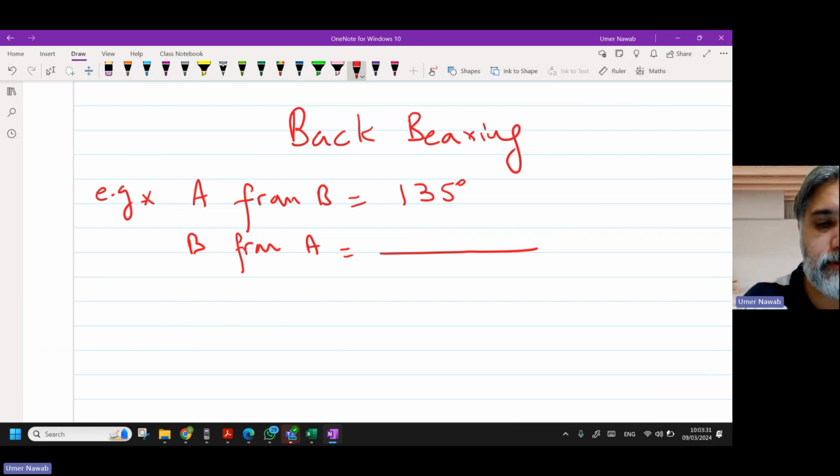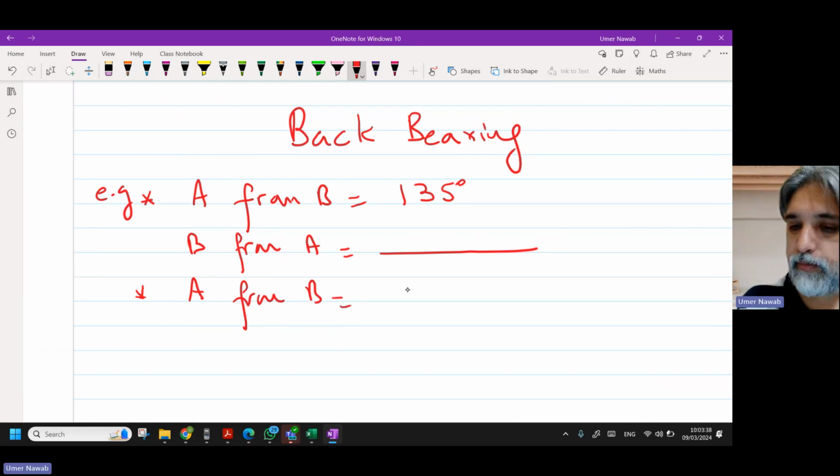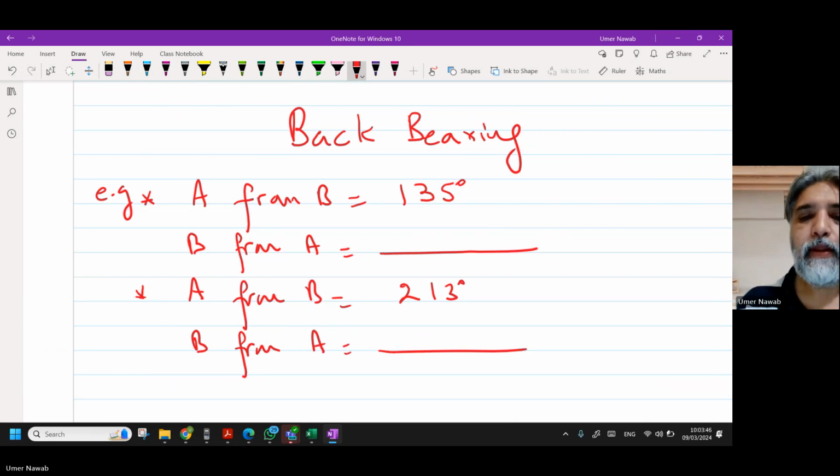Another question: the bearing of A from B is, suppose, 213 degrees, and I want to find the bearing of B from A. Simple thing, no need to use the parallel lines properties. You can do it directly.